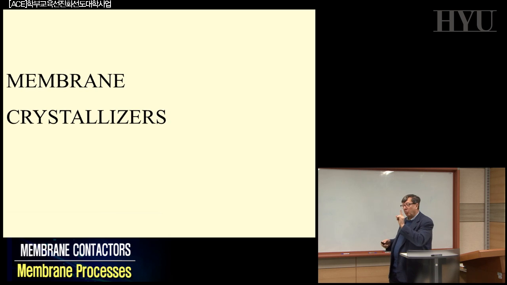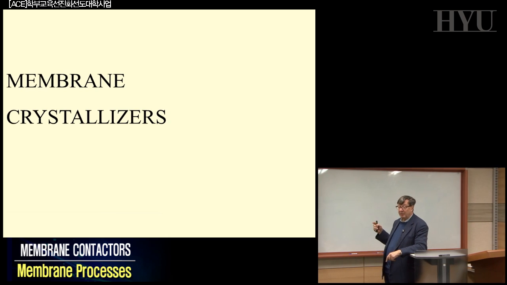This is step number one for what is called heterogeneous nucleation for the crystallization of salts. And that's a critical step for any crystallization process. So with this kind of system, we can realize, in principle, a continuous crystallization.